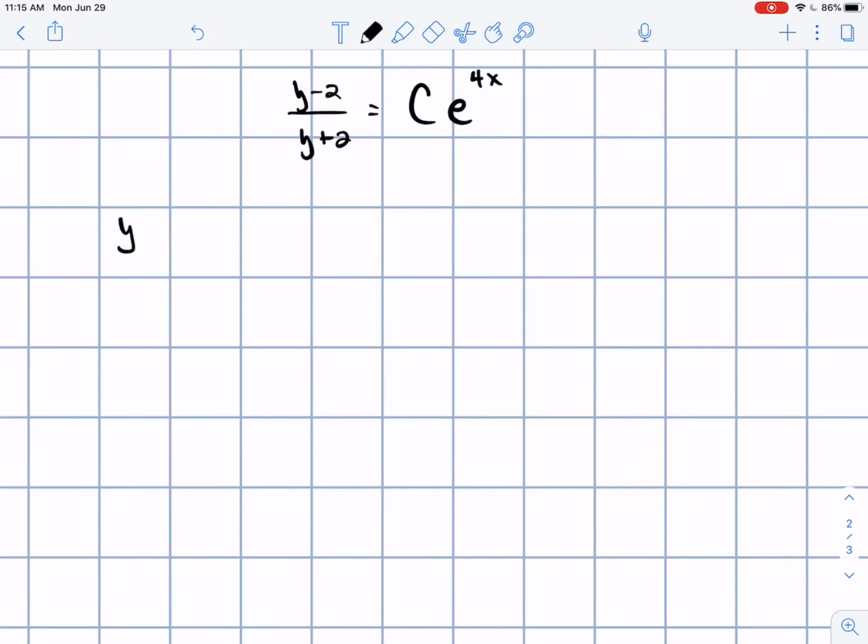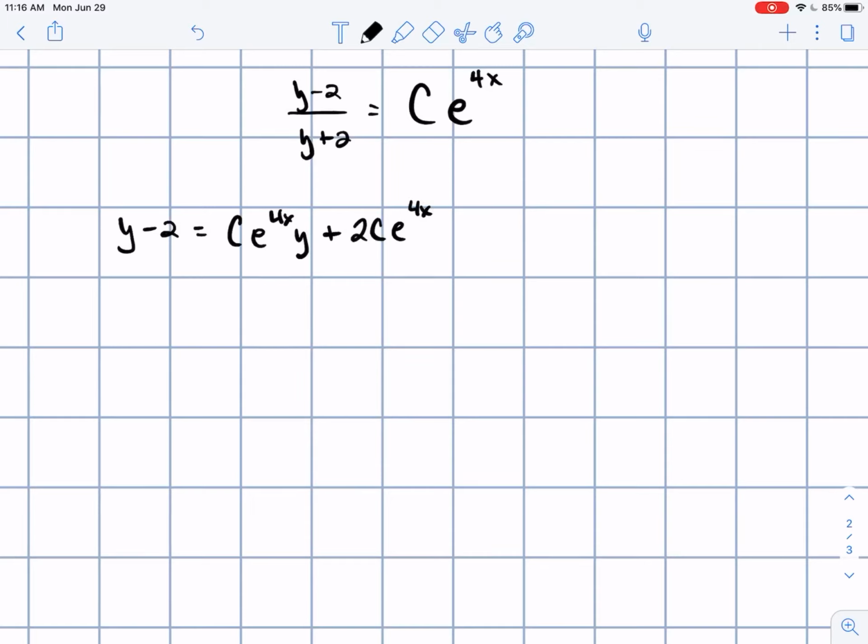So what I'm going to do is cross multiply or multiply both sides by y plus 2. So I'll get this: c e to the 4x y plus 2c e to the 4x. No, just 2c e to the 4x. Okay.